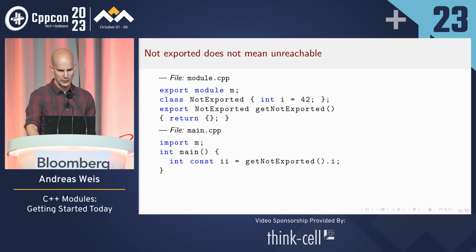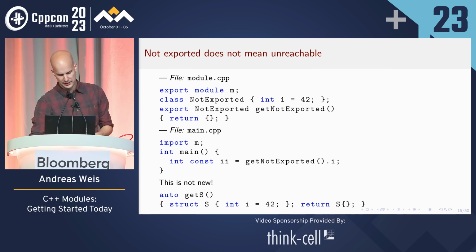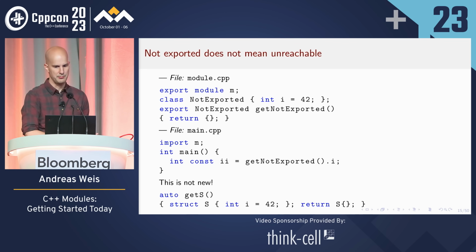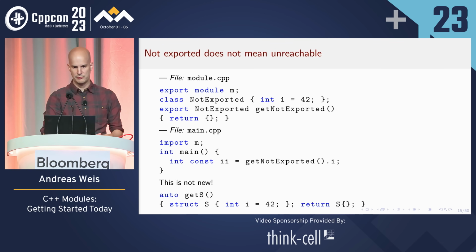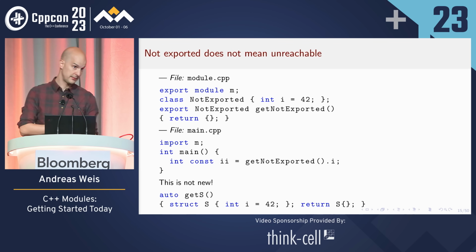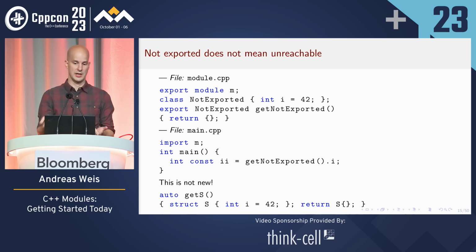And this might seem a little weird, but really, if you think a bit about it, this is not really new behavior. In particular, since C++17, I think, we have the auto return types, and there you can construct similar examples. Like in this case, what I'm returning is a value of a local struct type. And here we have the same situation, right?